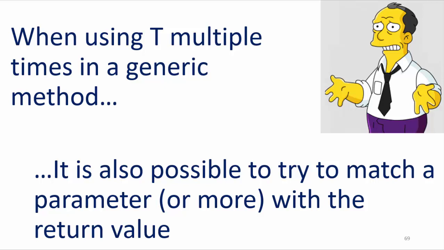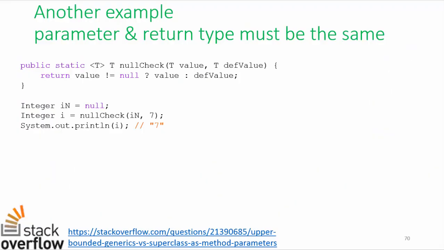We saw a very easy situation where we have first parameter t p1, second parameter t p2, so we use t exactly the same way, and then we explored a slightly more complicated scenario where the first parameter was a list of t, and the second parameter was t. But now you can also use type parameters in your method when you want to qualify the return type of the method. We haven't explored that yet, so let's take a look and see what kind of example we can come up with here.